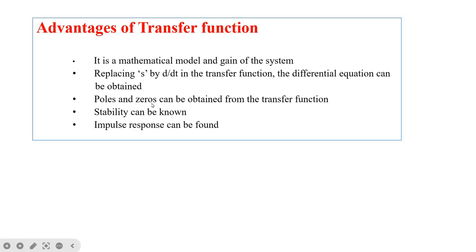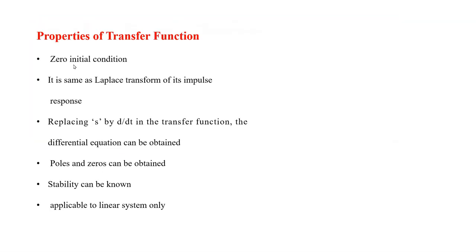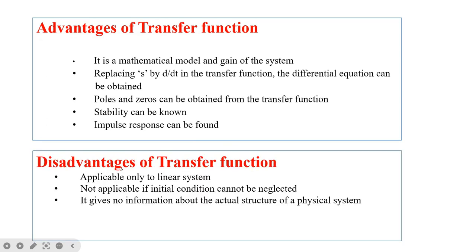You can obtain the poles and zeros from the transfer function. Once these poles and zeros are obtained, you can easily know whether the system is stable or unstable. And here the impulse response of the system can be obtained, because here we have seen that the Laplace transform is same as that of the impulse response.